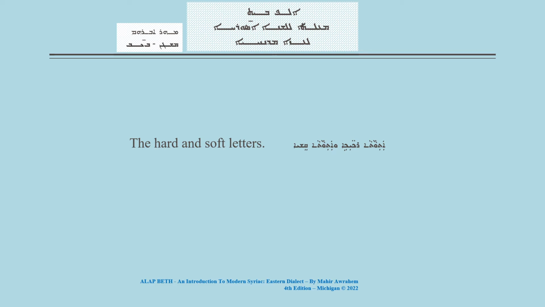You may have a black and white textbook, but Beth with a dot underneath is w, so it's going to be kthawa, book or to write. Gamal with a dot underneath it, I don't have any sound in English for this, but it is a soft g, like paghra, body. Dalath with a dot underneath is going to give me the sound of th, like in the.